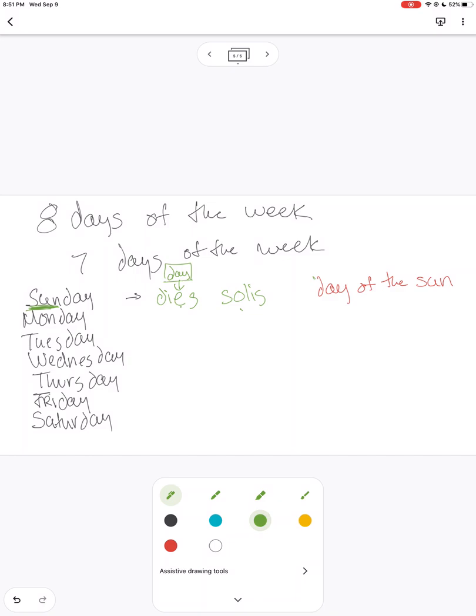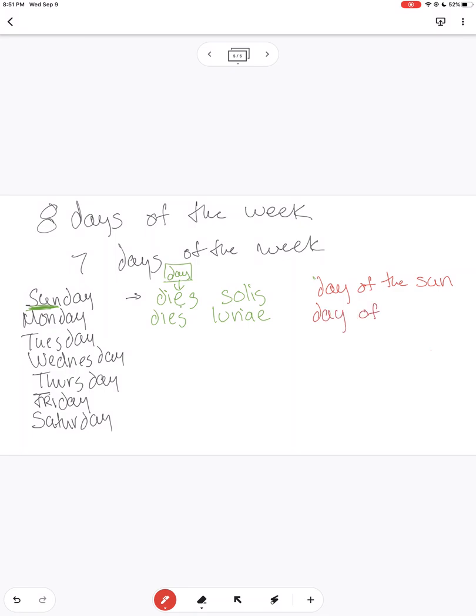Now, Monday. Dies lunae. What case is that? Think about it for a minute. And look at my translation. So day of the moon. Of the means it's what case? Genitive. So here we have the English. And so day of the moon.